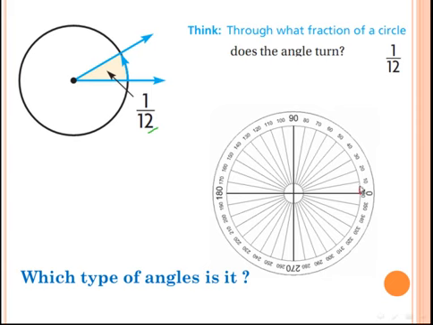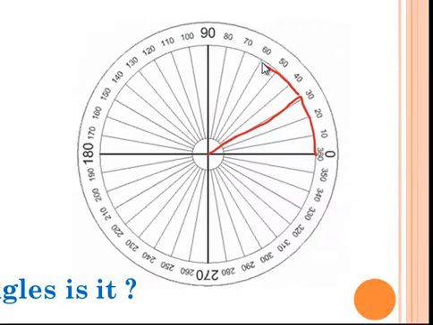Count: 1, 2, 3. This is the first part. Again, 1, 2, 3. This is the second part. Here 3 parts, and of course here there are 3 parts. They are 6, and here down 6.